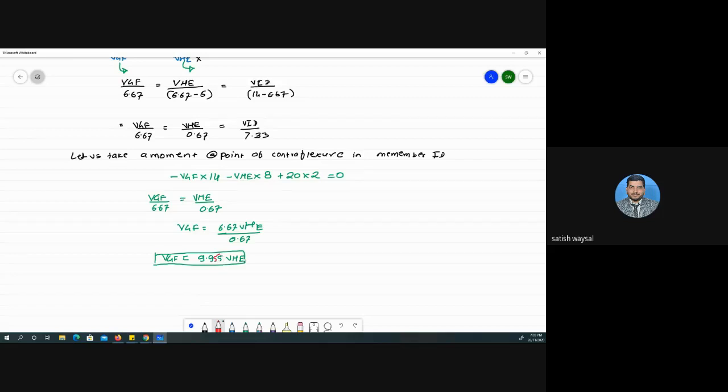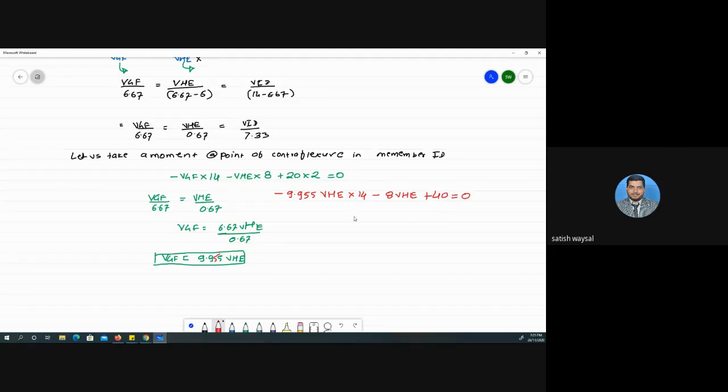Now VGF we have in this equation. Let us write down: minus 9.955 VHE into 14 minus 8 VHE plus 40 is equal to 0.